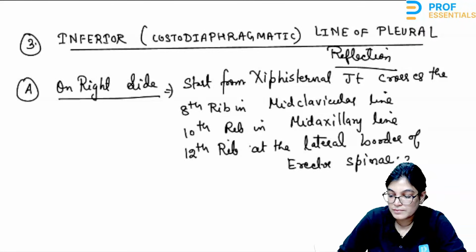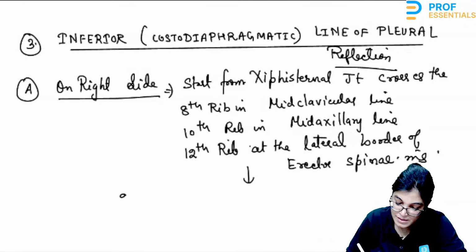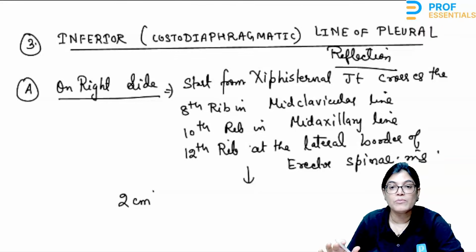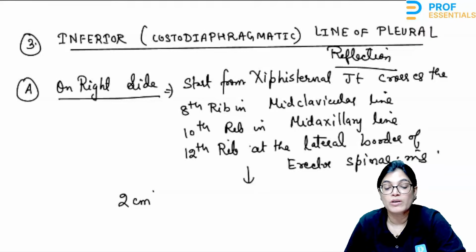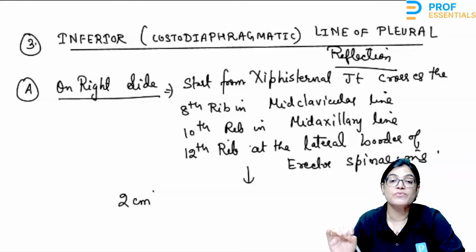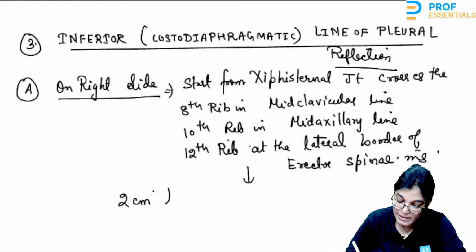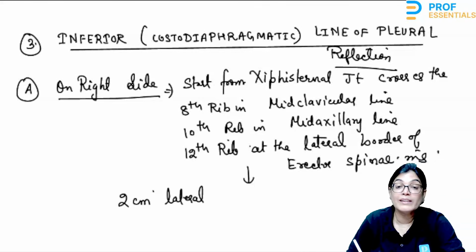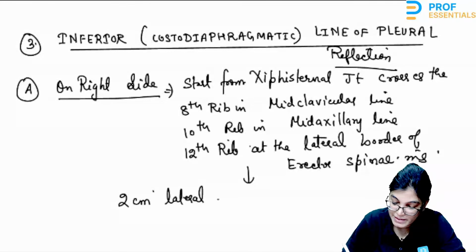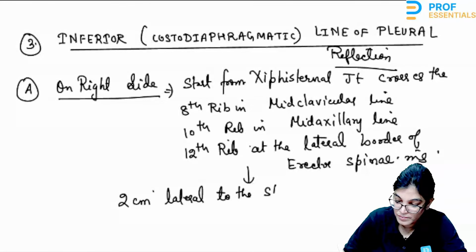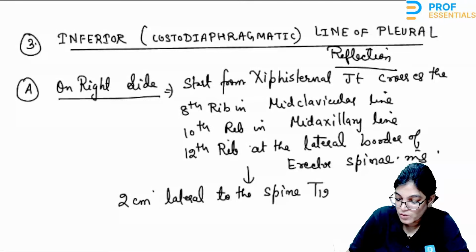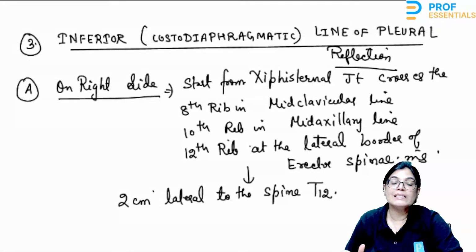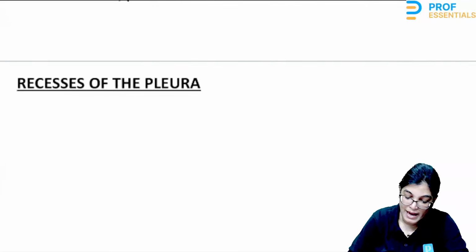If I talk about the level at the 12th rib at the lateral border of erector spinae muscle, this will be 2 centimeter lateral to the spine of T12 thoracic vertebra. So this is the extent of inferior costodiaphragmatic line on the right side.